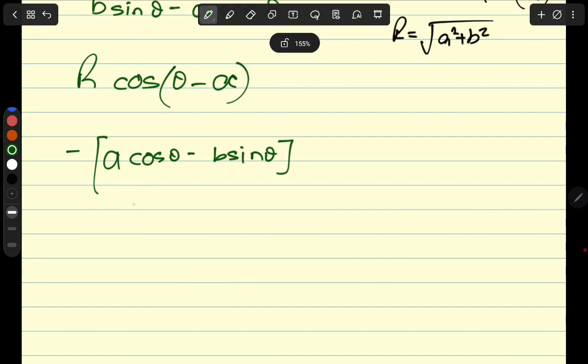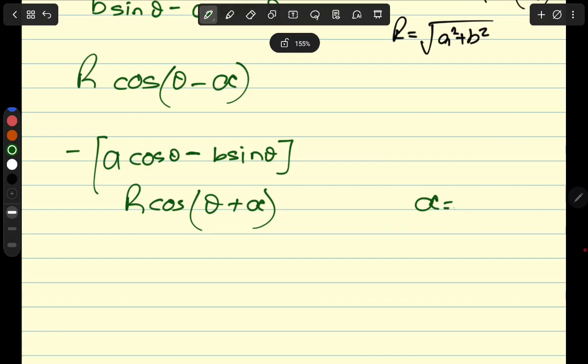So first of all this gets converted into r cos theta plus alpha now, okay, because this was negative, and since we are dealing with cosine, the sign changes, okay.